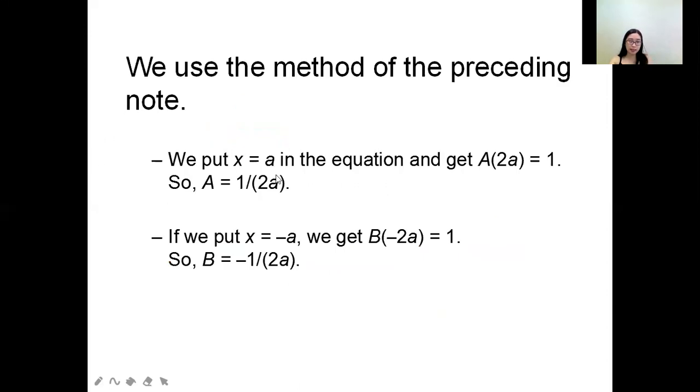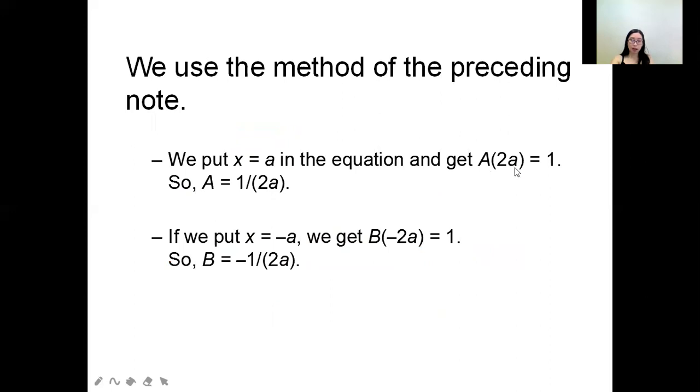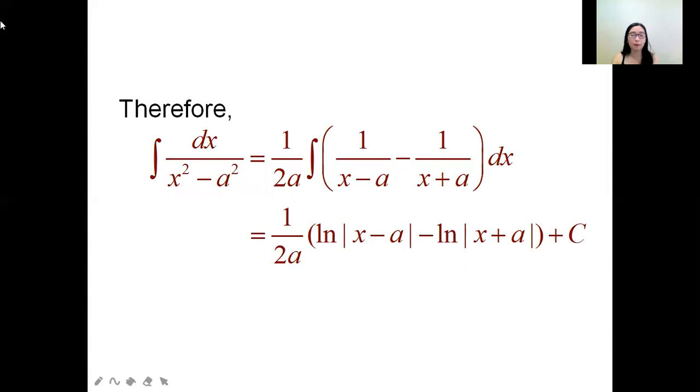We put x is equal to a in the equation and get A times 2a is equal to 1. So A is equal to 1 over 2a. If we put x is equal to negative a, we get the value of B, which is negative 2a times B is equal to 1. So B is equal to negative 1 over 2a.